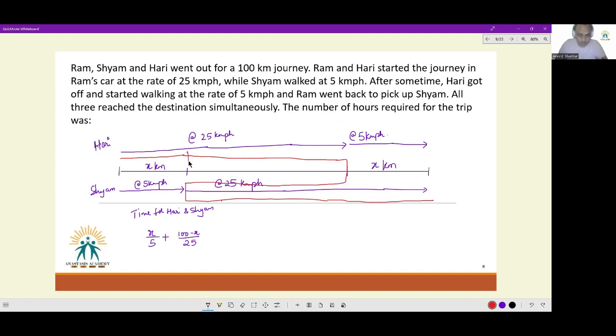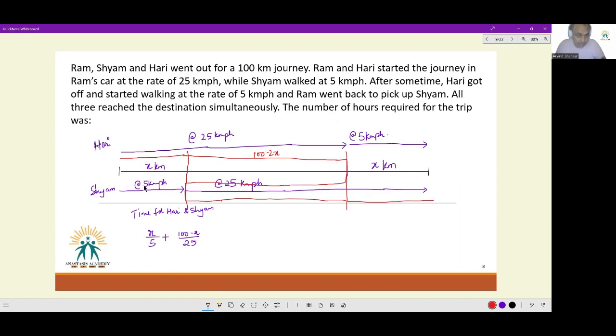So, if we are to break this down, journey to different parts, he travels x. This portion here is 100 minus 2x, this distance. And this 100 minus 2x distance, Ram has covered 3 times. First time while going, second time while returning, and third time while going again. And then this is x, this is 100 minus 2x, and this is x.